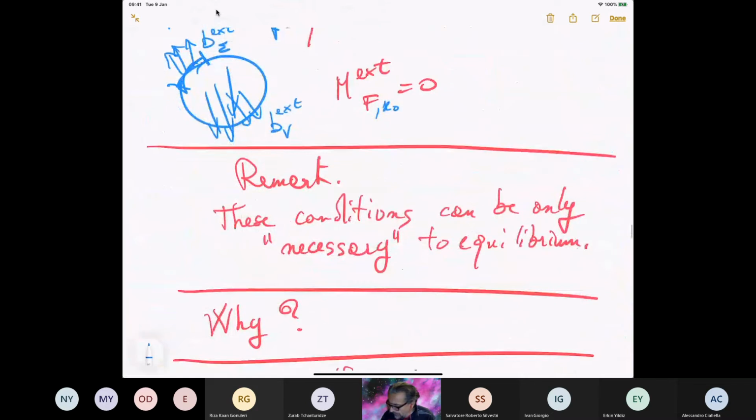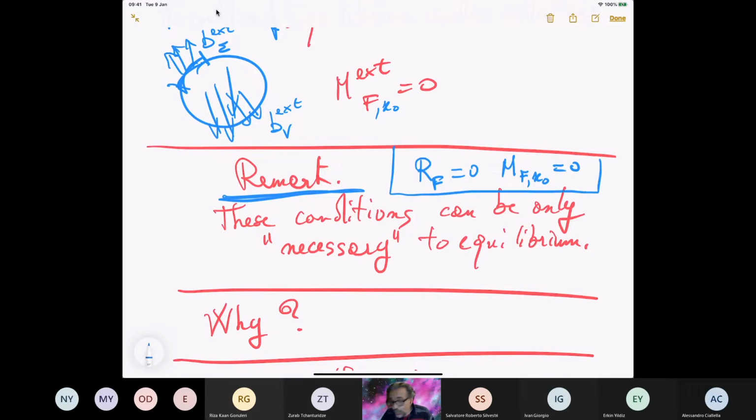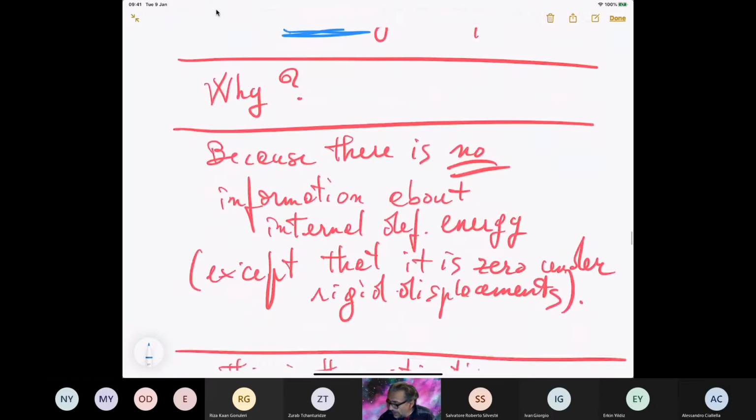So these conditions can be only necessary. The resultant force equals 0, and the resultant moment depending on every pole is equal to 0. These are necessary conditions for equilibrium. They are not sufficient in general. Why?